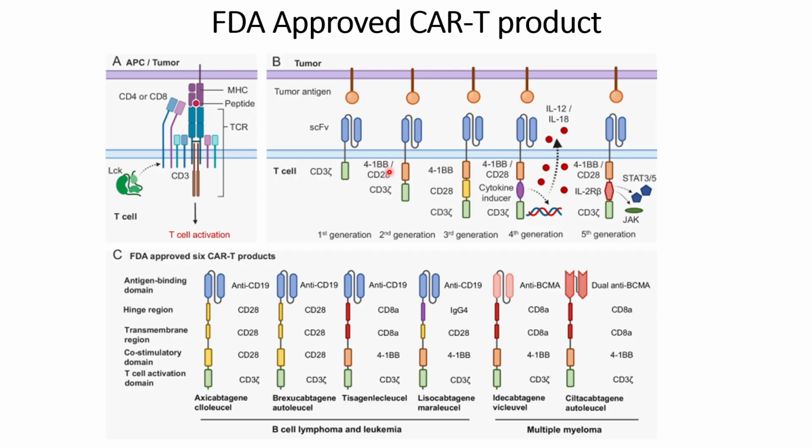In the second generation, they introduced a costimulatory domain, that is 4-1BB or CD28, along with the CD3 zeta, and in the third generation they use two costimulatory domains, such as 4-1BB and CD28, and CD3 zeta. In the fourth generation they use a cytokine inducer also.